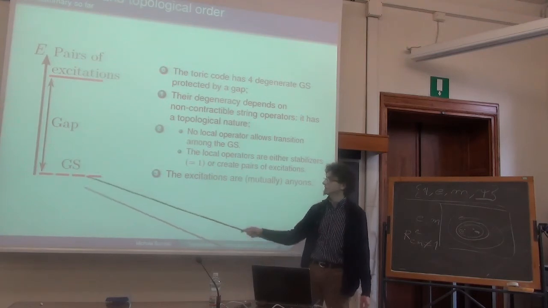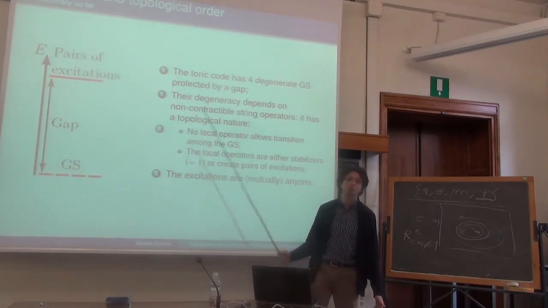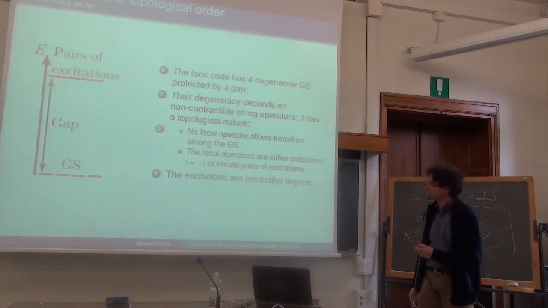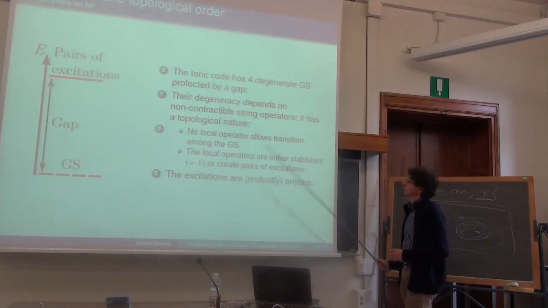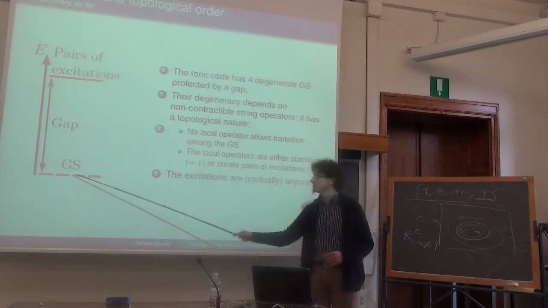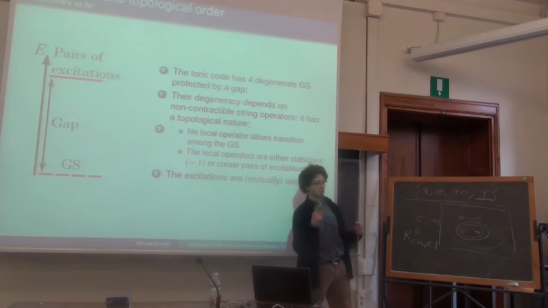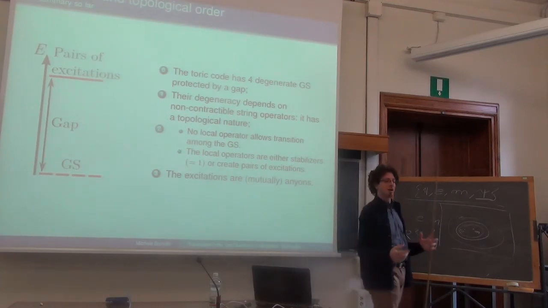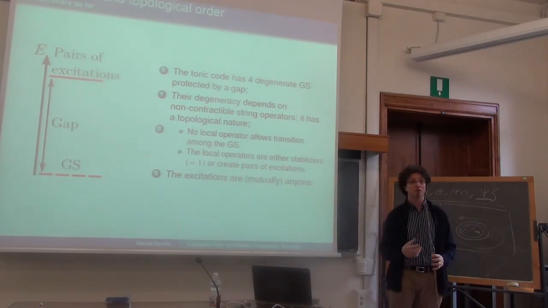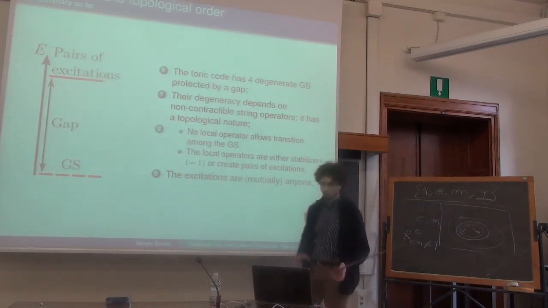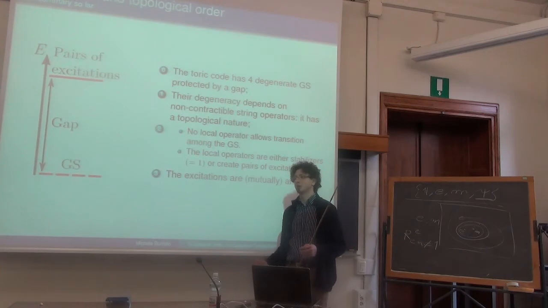So you see that the spectrum matches the one that we were considering at the beginning to have topological order. We saw that the ground state degeneracy depends on the existence of these string symmetries along non-contractible loops, so that we have a correspondence between the number of non-contractible loops and the number of ground states.